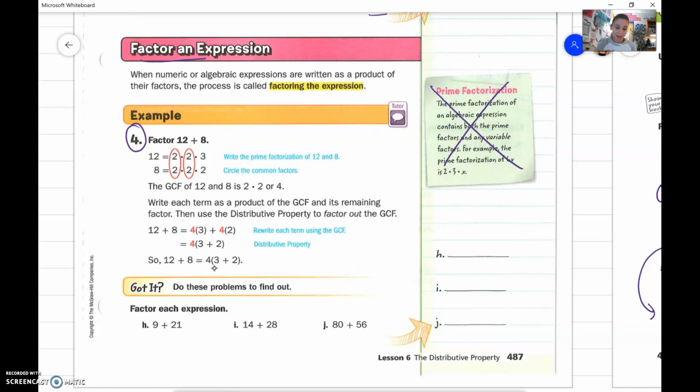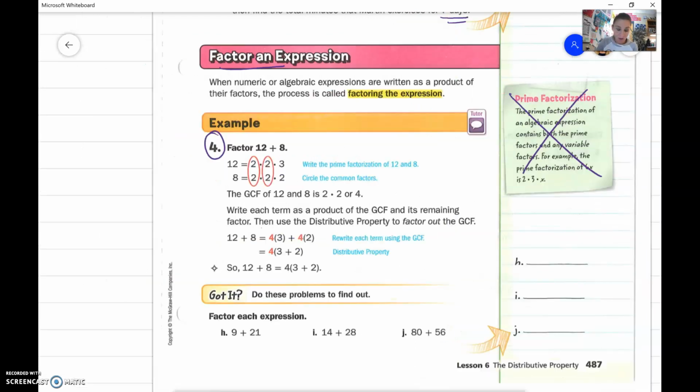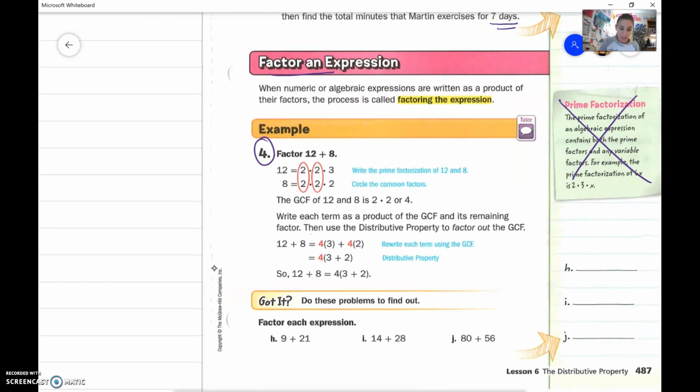So here it says factor 12 plus 8. What you need to do is write the prime factorization of 12 and 8. How does that work? I'm going to take the number 12 and break it down into two numbers that I can multiply together to get 12. I know that 2 times 6 gives me 12.